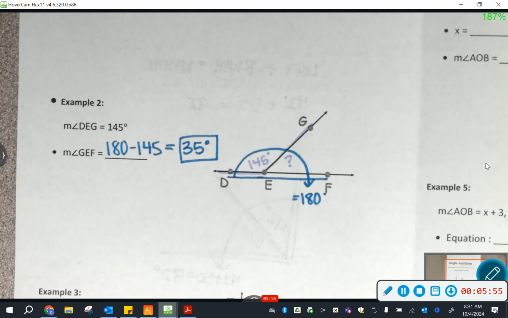I'm going to give you 1 minute. I want you to do example 3. Go.